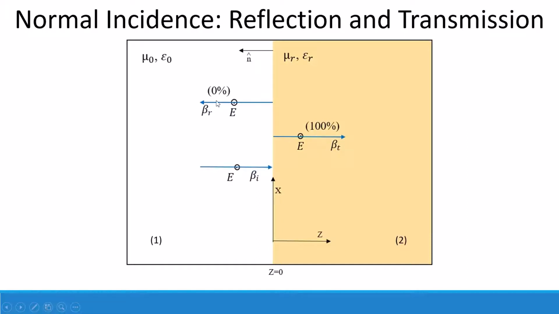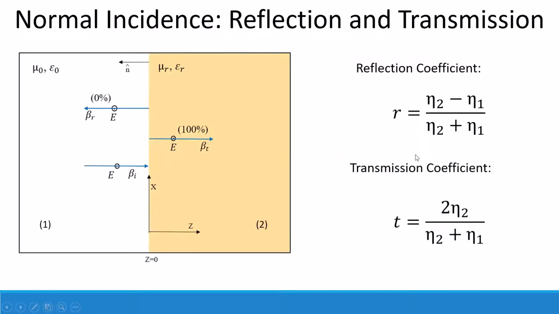Looking at the reflection and transmission coefficients here, if we want the reflection to be 0, we need this top part to go to 0, and therefore we need the impedance to be matched. For transmission to go to 1, we also need these to be the same or matched.